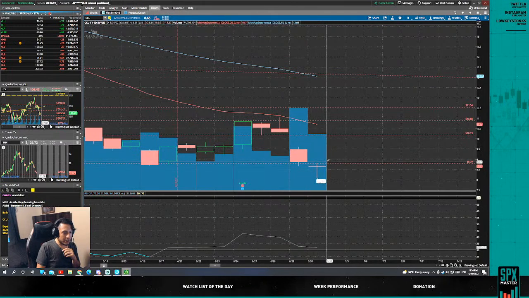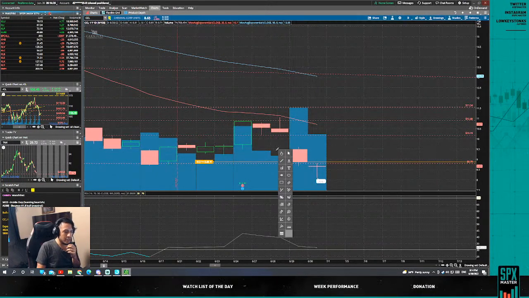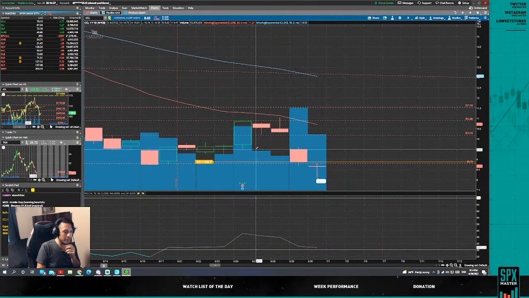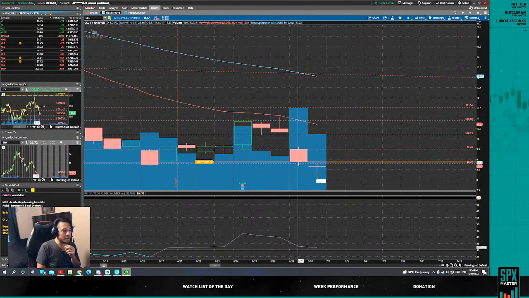We're gonna put a trigger off of this right here, create an alert off the candle's high of today. So bid at or above. So reversal pattern breakout, and what we're targeting is the last candle high right here.